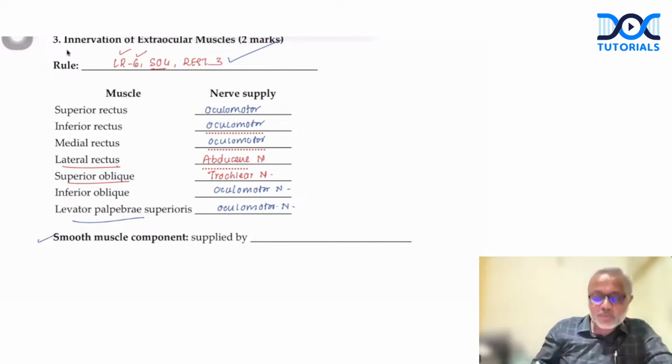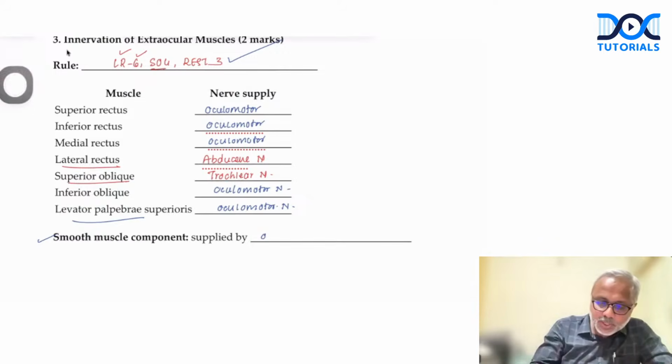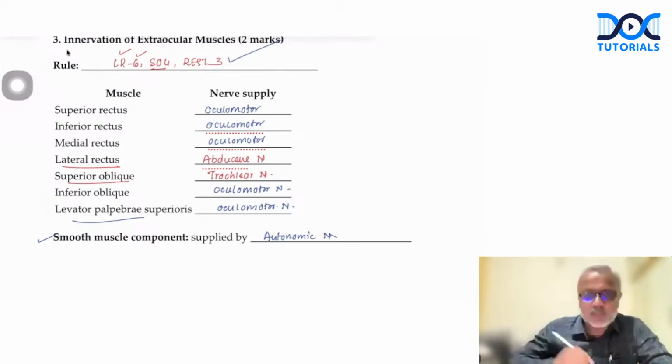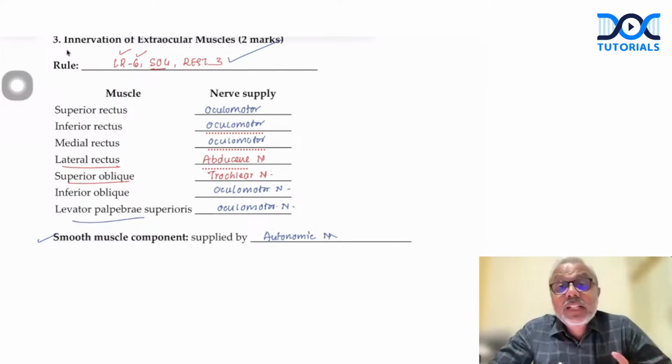What about the smooth muscle component? The smooth muscle component will also be innervated by the autonomic nerves. The superior tarsal, the inferior tarsal, and the orbitalis.